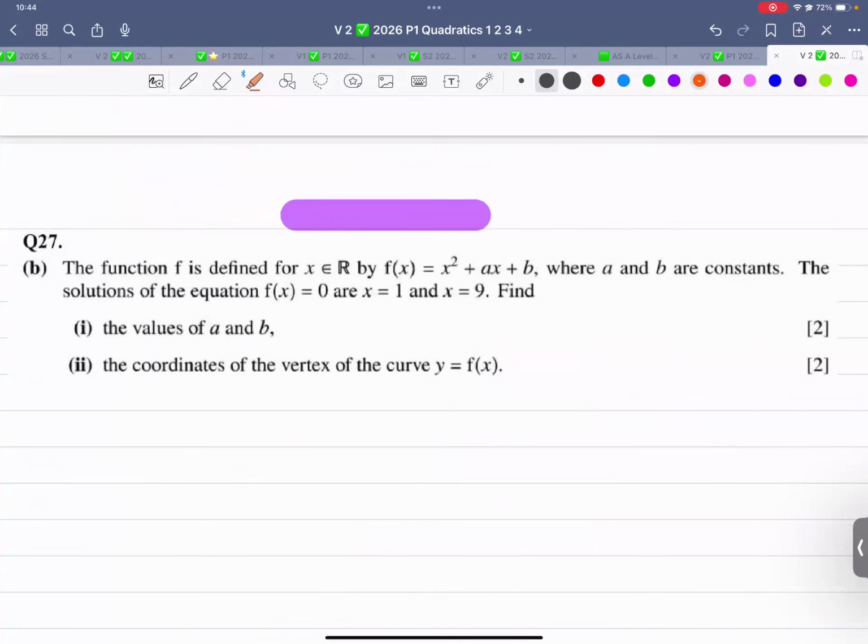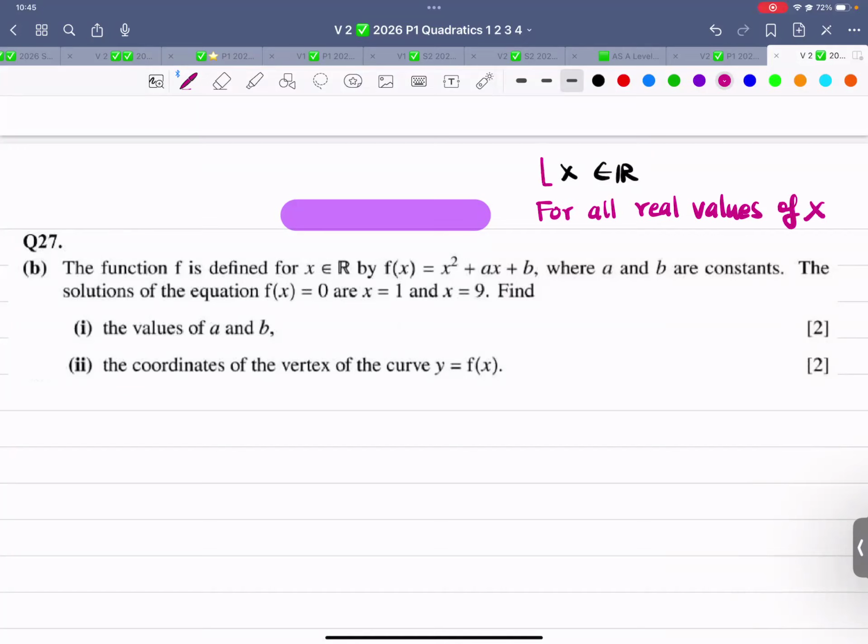Now this question, first of all, I need to explain to you what this weird symbol means. Remember that on Thursday, we got started with functions. Let me just write it properly. What it means is that for all real values of x.